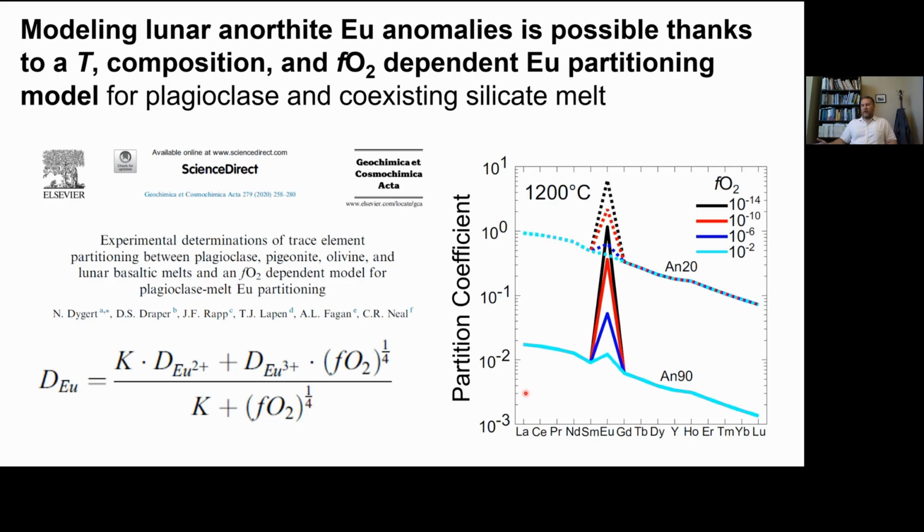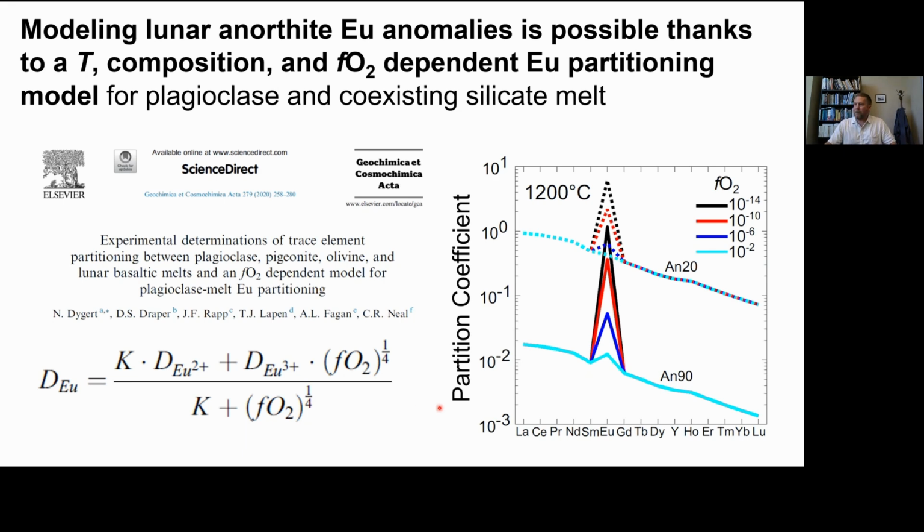Using these mineral melt partition coefficients, and it's now possible to evaluate europium fractionation during magma ocean solidification in a more generalized way, thanks to this model that I worked on with several co-authors to be able to predict europium partition coefficients as a function of temperature, composition, and oxygen fugacity. The predicted model has an equation of this form, and we'll walk through how that's derived in a minute.